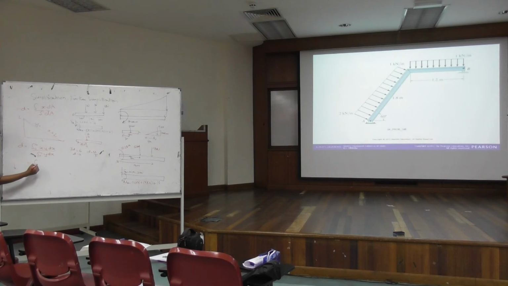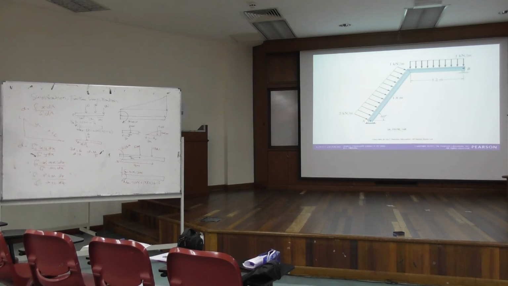So integration of 0 to L x times minus x plus L dx over integration of 0 to L minus x plus L dx. So this one is basically integration of 0 to L minus x squared plus xL dx over integration of 0 to L minus x plus L dx.